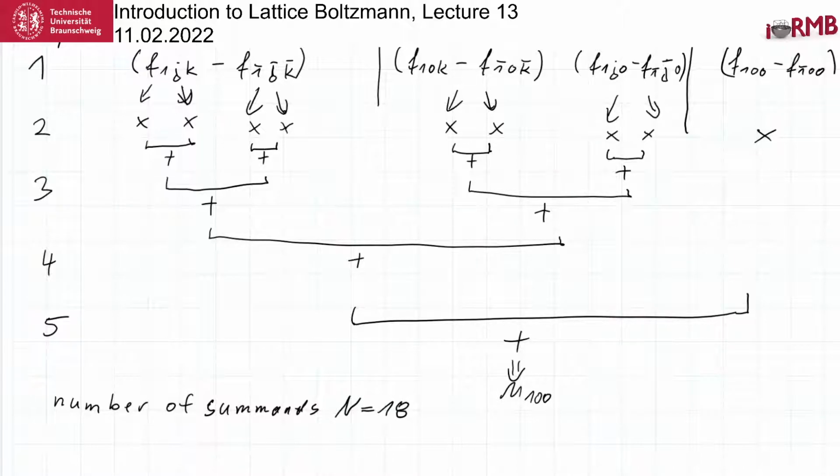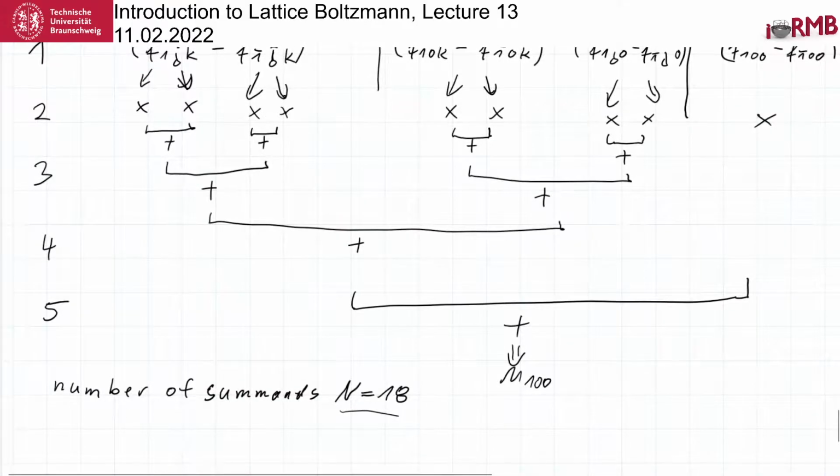So if we simply sum up these numbers in one line, we would have 18 summations, and then we would have round-off errors of the order delta times 18.